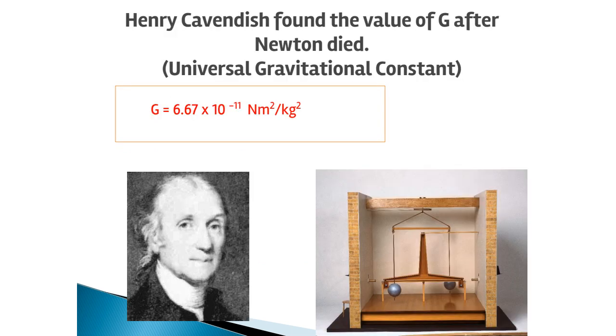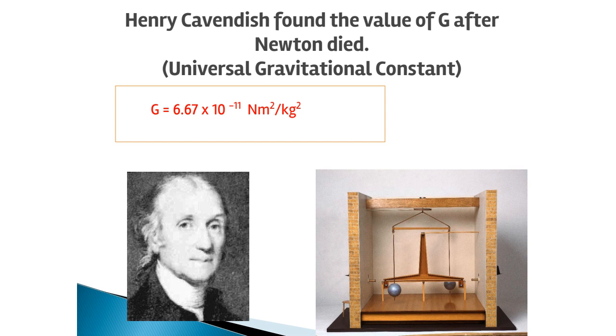So Newton came up with the formula that relates the mass of two objects that are in rotation around each other to the distance between their centers. He knew there was a value for G. He lacked the equipment to be able to test for it and to be able to calculate it.